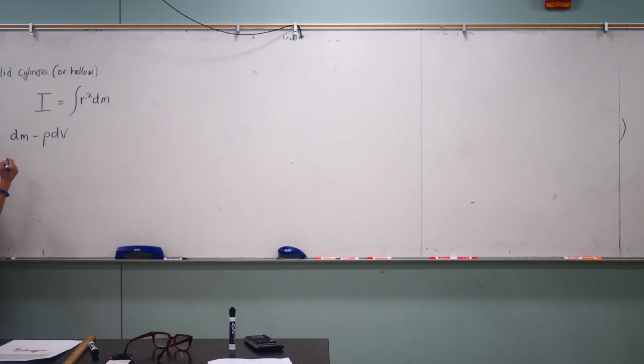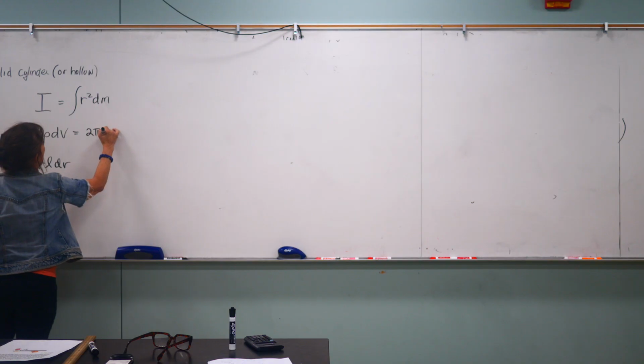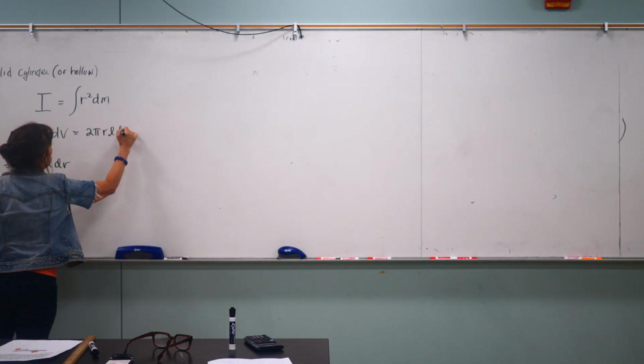So my dV is going to be defined as 2 pi r, that's the circumference, and then L, the length, and then our little thickness, which right there is going to be my dr. So it's going to be 2 pi r L dr. This is my dV.